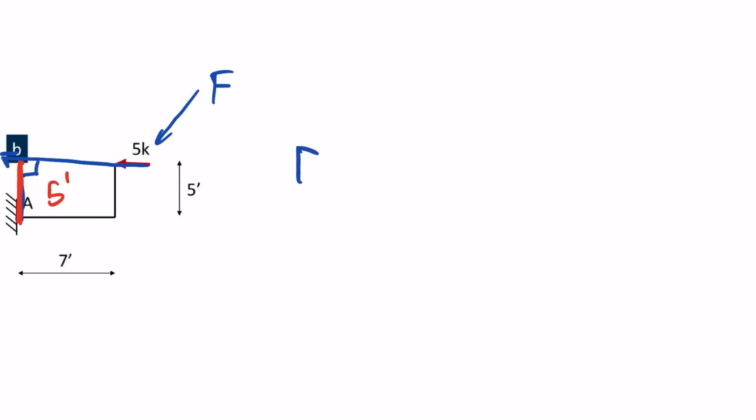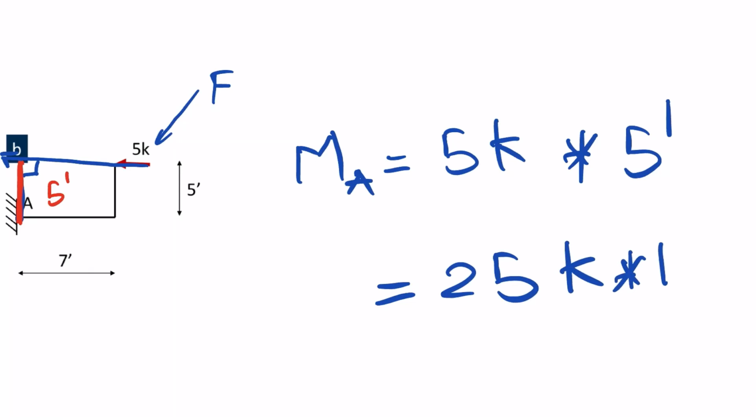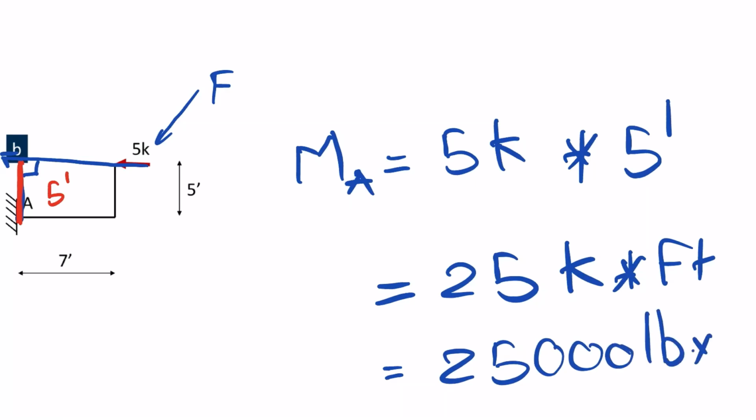So we have the moment at A equal to 5 kip multiplied by 5 feet, equal to 25 kip foot. If you want to convert the kip to pounds, you can do that as well. 5 kip equals 5,000 pounds multiplied by 5 will be 25,000 pound foot, and they are just the same thing.